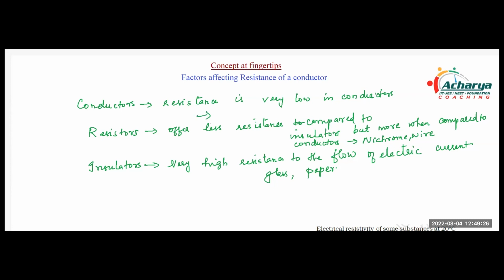Conductors offer very low resistance, and examples are copper wires, aluminium, etc. They are used mainly for transmission of electric current.